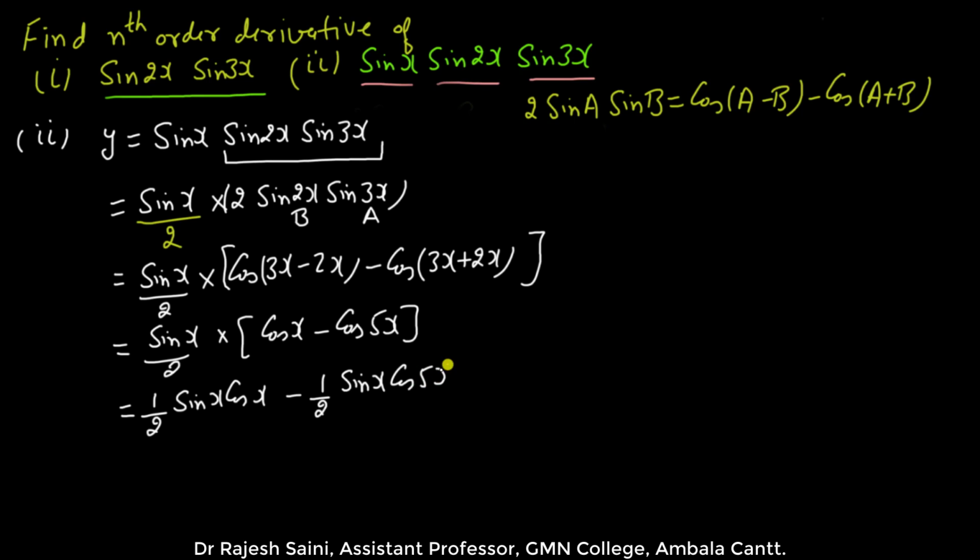Now you see it is again a product of two elementary trigonometric functions, that is sine and cosine. This is also sine and cosine. So we again cannot use the direct formula for elementary trigonometric functions of successive differentiation over here. So we are again helpless.